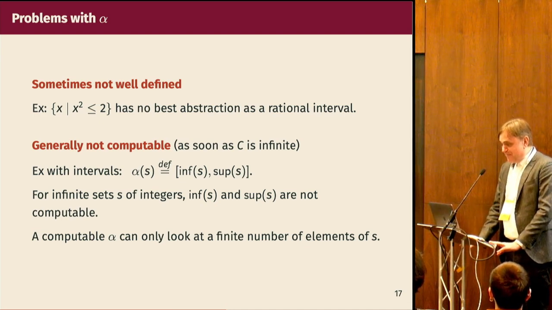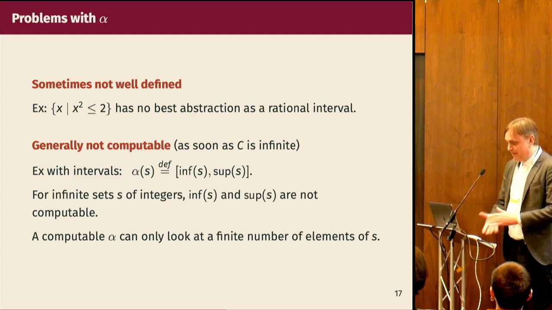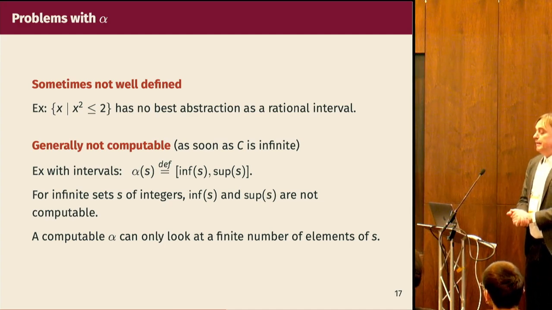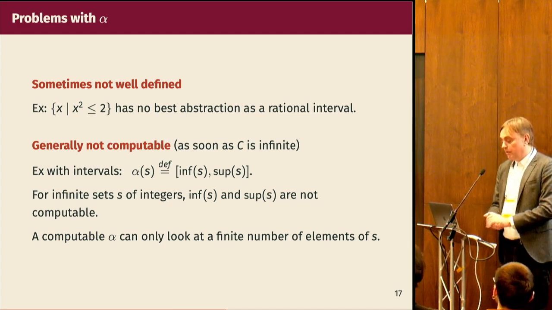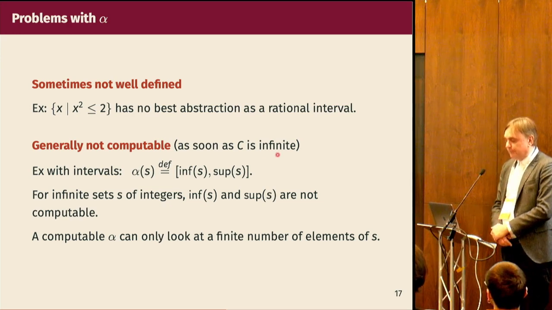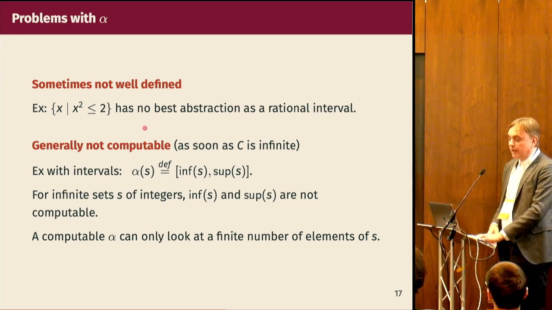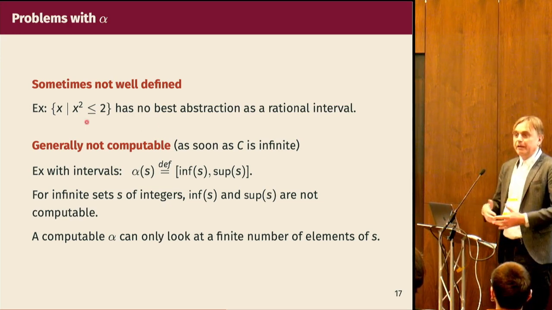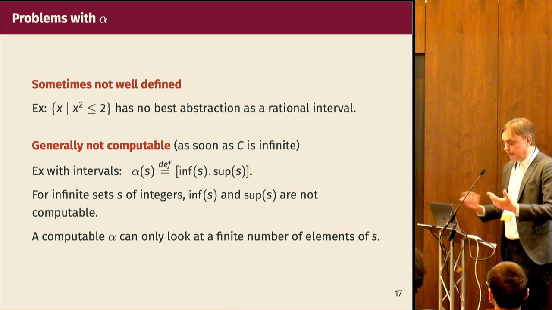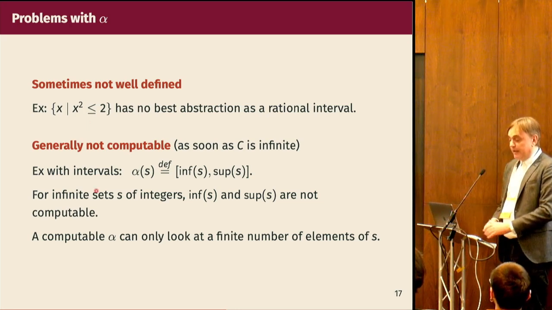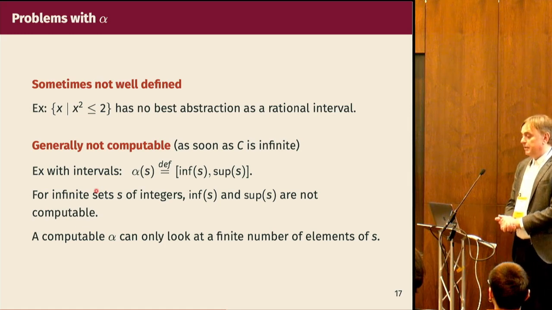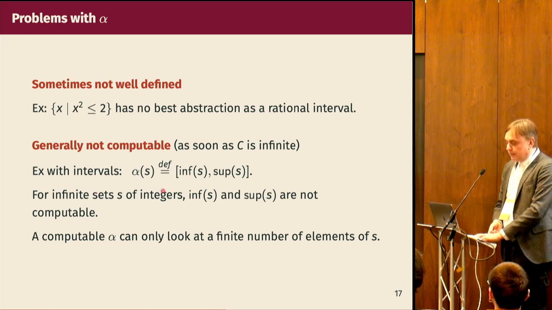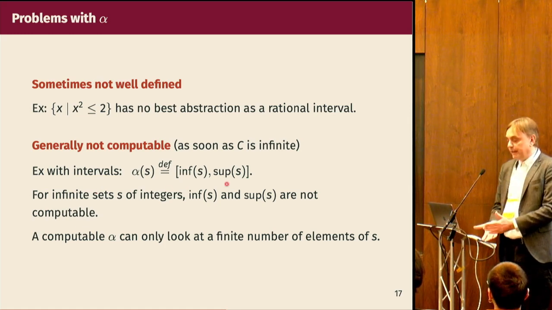But let's say alpha is well defined mathematically. It is generally not computable. As you know, as soon as your concrete domain is infinite, you end up enumerating infinite sets, and it's game over. For instance, for intervals, the alpha of a set of integers or numbers is the infimum and the supremum of the set, and if the set is infinite, of course, infimum and supremum are not computable.